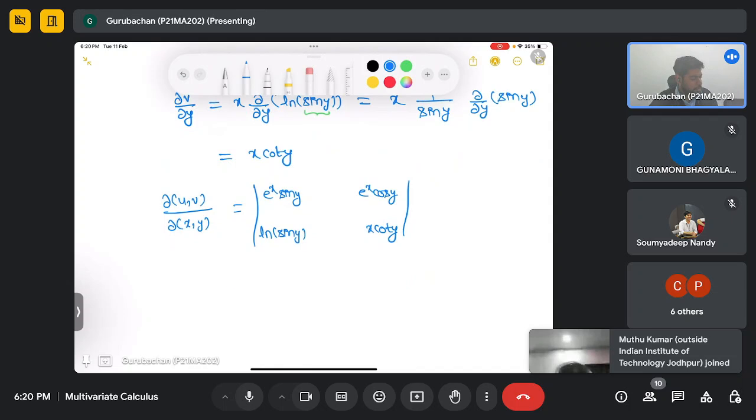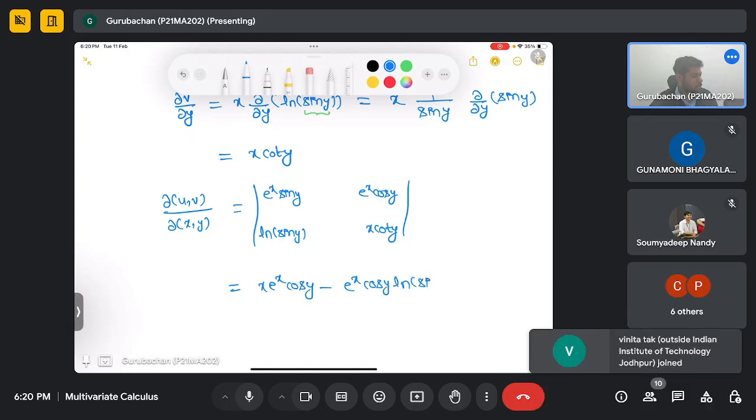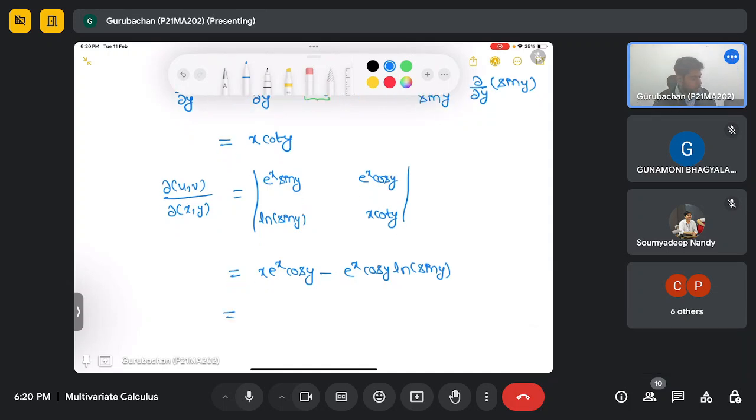So multiply it. It will give you x e to the power x cos y, if I'm not wrong. So it will be e to the power x cos y ln sin y. Or you can simplify it further as e to the power x cos y, x minus ln sin y.